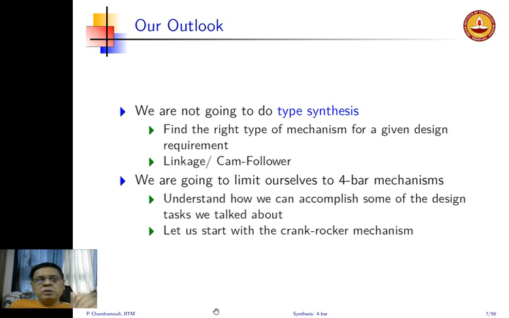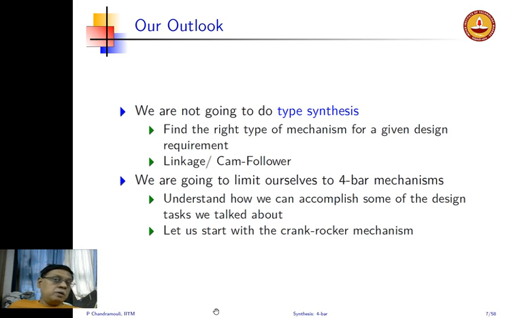So we are not going to do type synthesis, which essentially means finding the right mechanism. Is it a 4-bar? Maybe there's a 6-bar which can do a better job. It could be a cam type mechanism, it could be a gear type mechanism. So it's finding the optimal mechanism which will work for the given design purpose.